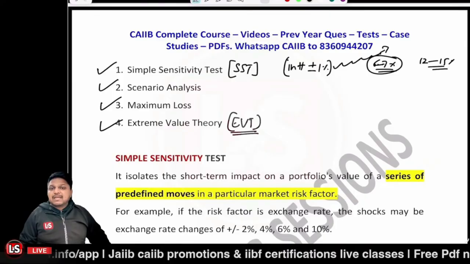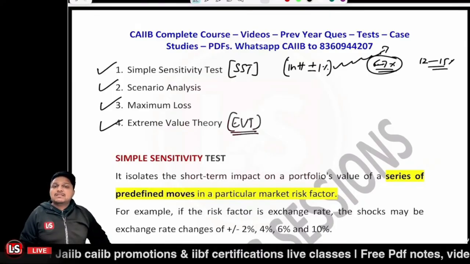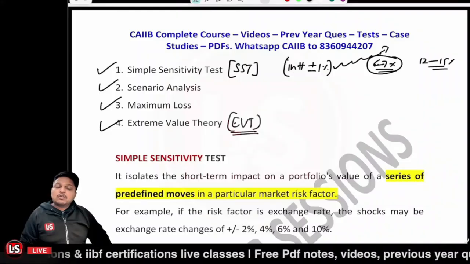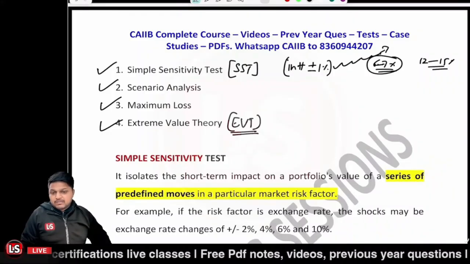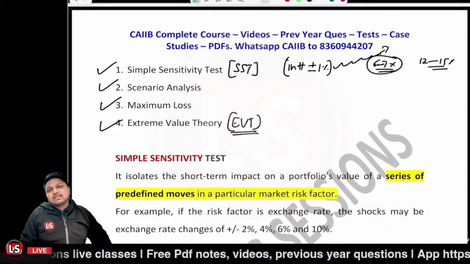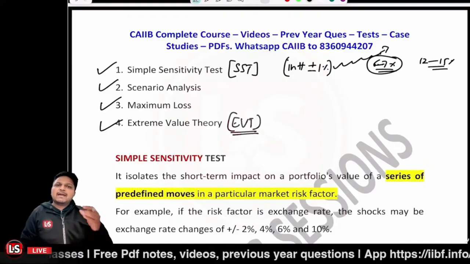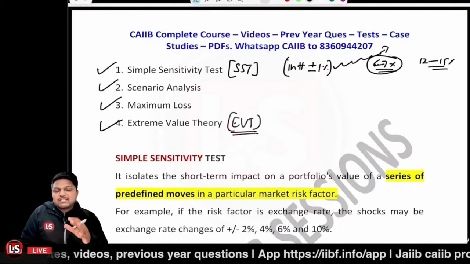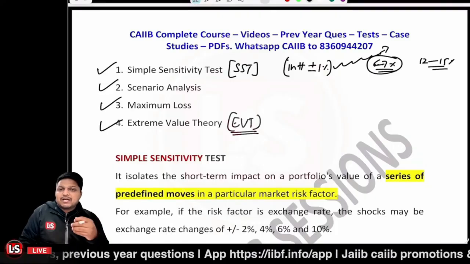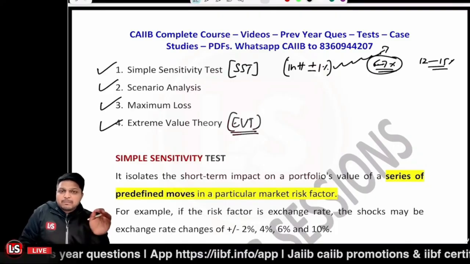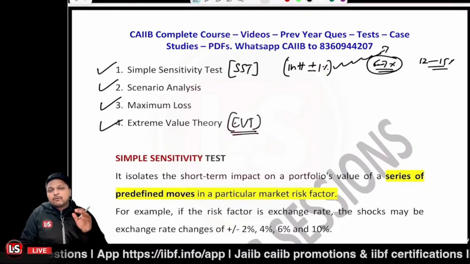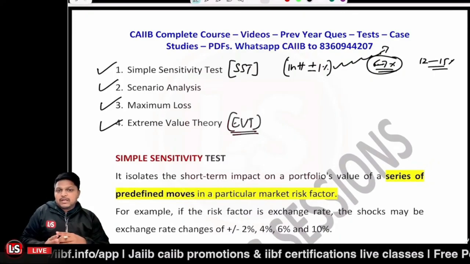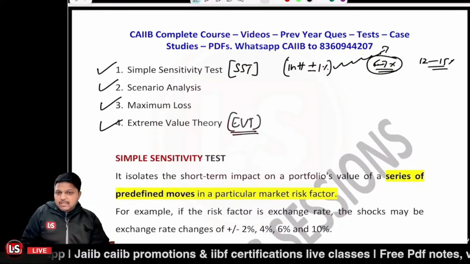The second one mentioned here is scenario analysis. Here we make simultaneous changes to different risk parameters, but as a single scenario. For example, the interest rate is changed by 6%, demand and supply are changed by this particular percentage, and other risk factors are changed by this percentage. That forms just one scenario. In the same manner, I will have 100 or thousands of scenarios.